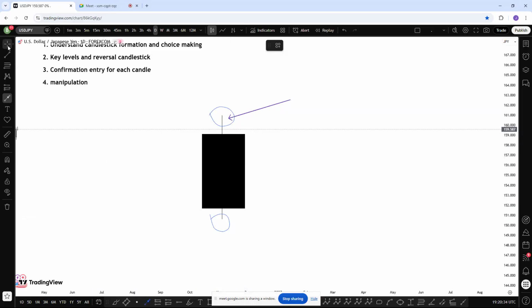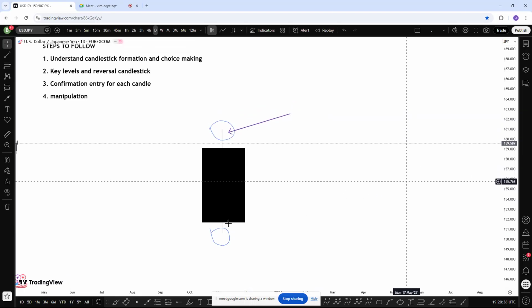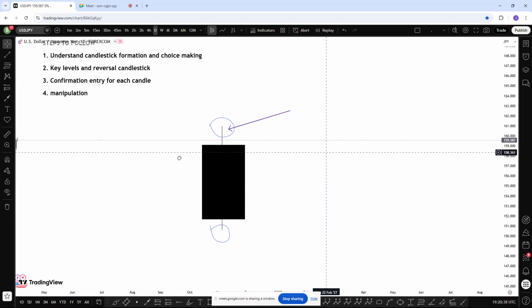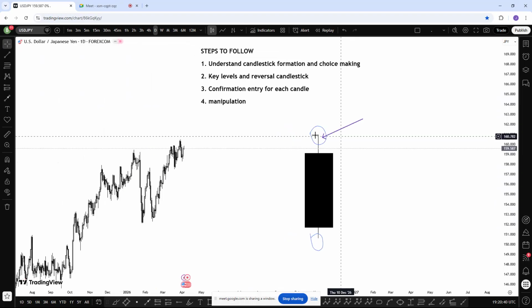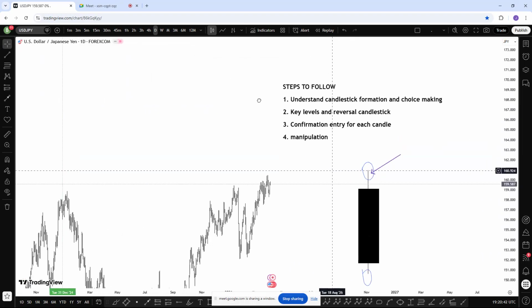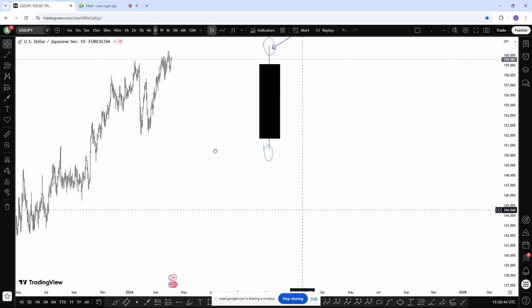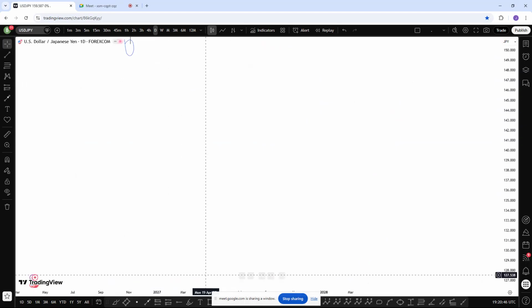I'll be drawing something here or typing something here.